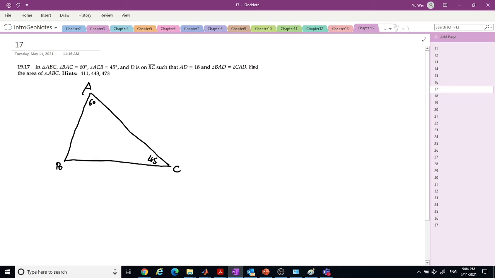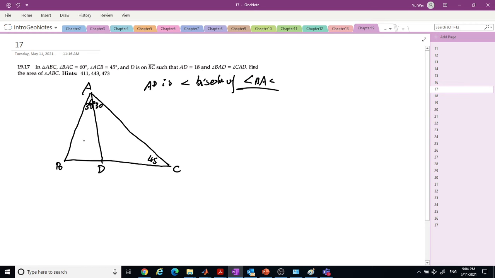Okay, and the D is on the BC, such that AD equals 18, and BAD equals CAD. BAD equals CAD means the AD is the angle bisector of BAC, right?